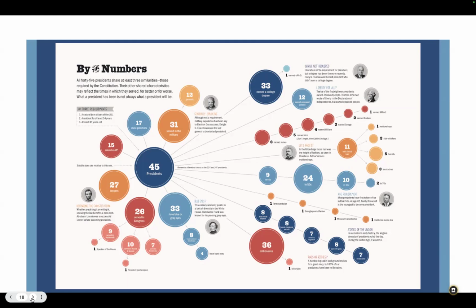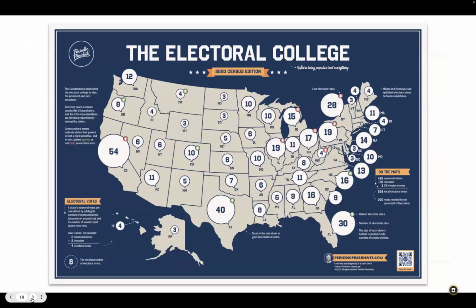And I think our next slide, Annie, is very similar to that with the Electoral College. So this is one of our most popular resources for teachers. Each little voice bubble for a state is relative to the size of their electoral representation. And then we put on there as well, since the last census, if they gained or lost electoral votes.